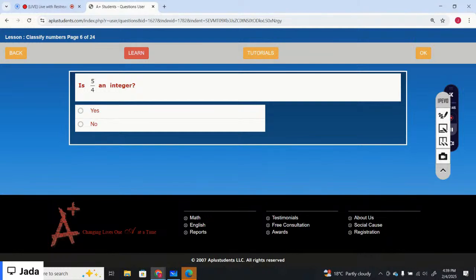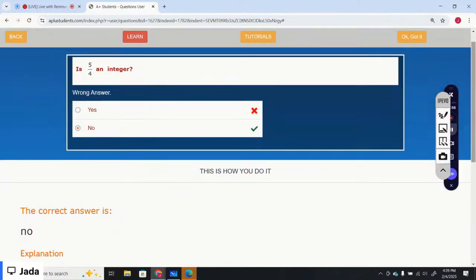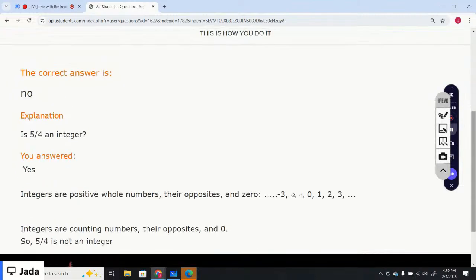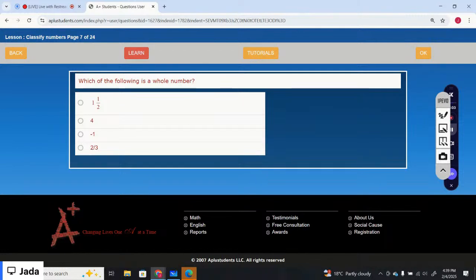Is 4 by 5 an integer? No, that is not an integer. Integers are the whole numbers, positive and negative whole numbers.